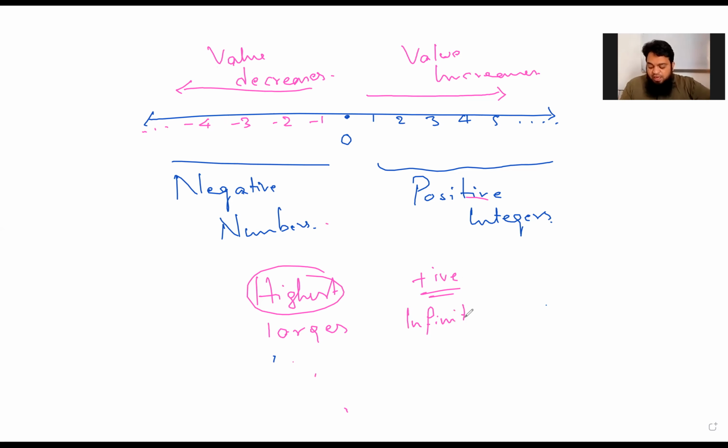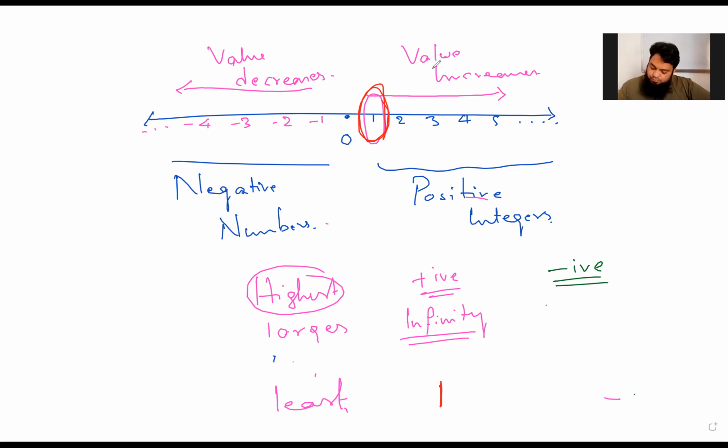So you don't have any number, it's infinity, you cannot tell. So now tell me, what is the least or lowest positive integer? Yes, the lowest positive integer is 1. Good. So now let us go to negative integers.